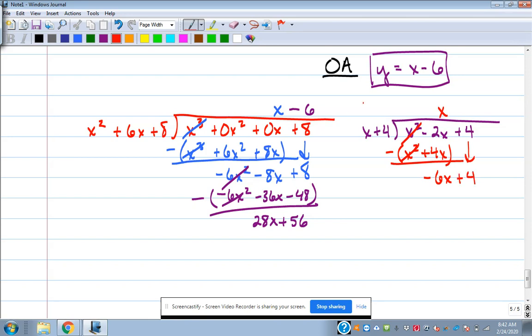What times x gets me negative 6x? Negative 6. That should also not be a surprise. Parentheses, subtract. And then we get a remainder of 28.